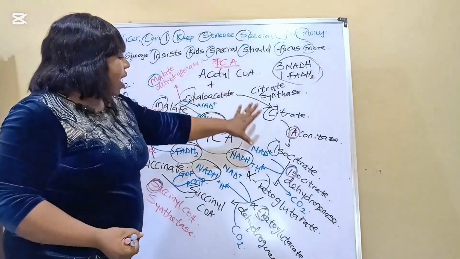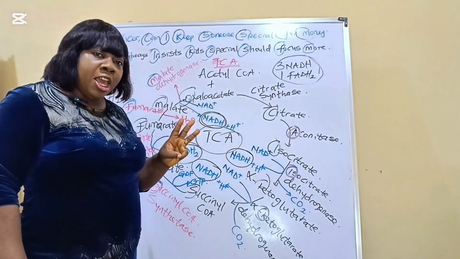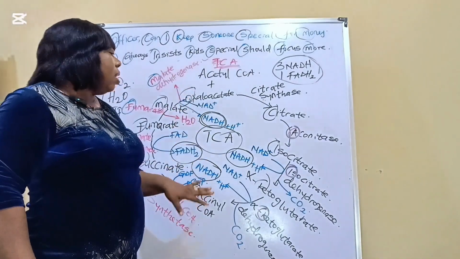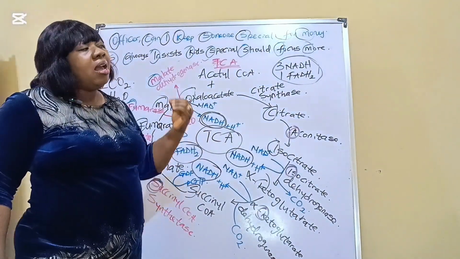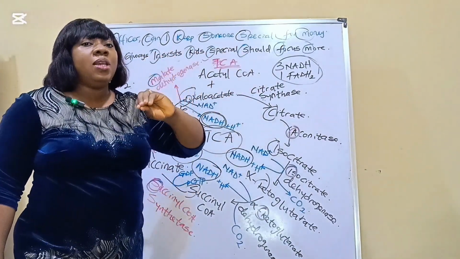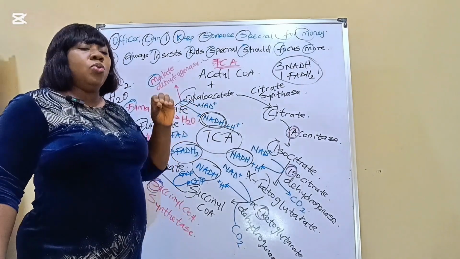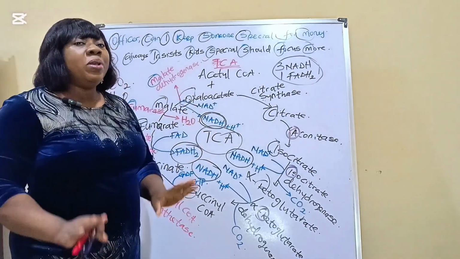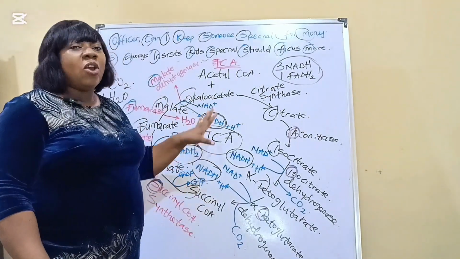In total we said we have three NADH, which are electron carriers, then one FADH2, which is also an electron carrier that will be transferred into the electron transport chain, where it will be converted into ATP.